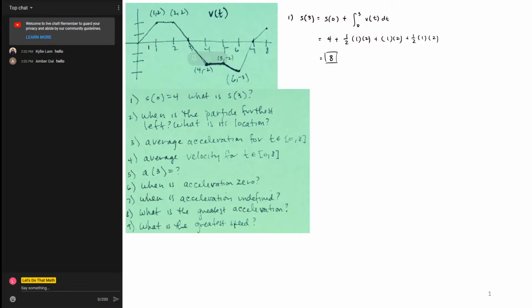I think I'll just fill in the areas here. Just call this 1, 2, 1, and then here, if this is 4 and -2, that's going to be -1, -2, and this area here is going to be -2 minus a half, so that's -2.5. This here is a 3 and a 1, so that's going to be 1.5.